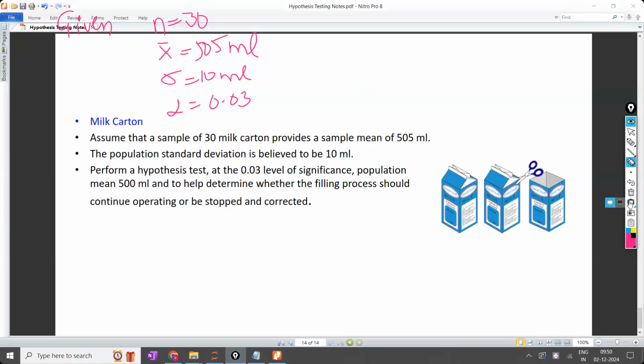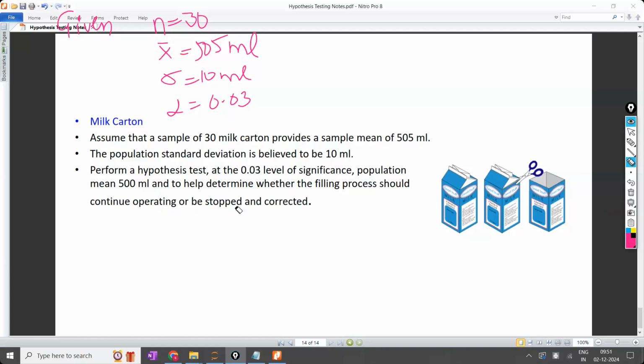Now, who is performing the test? Is it the inspector, or the company people? Company people are performing the test. How can you know? Because correcting, as opposed to stopping, would be done by the company. Stopping will be done by the inspector.